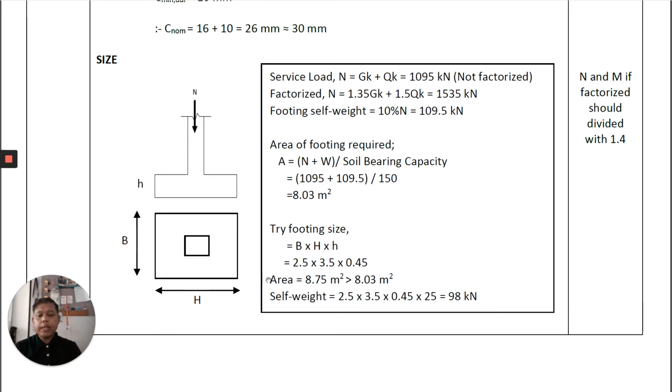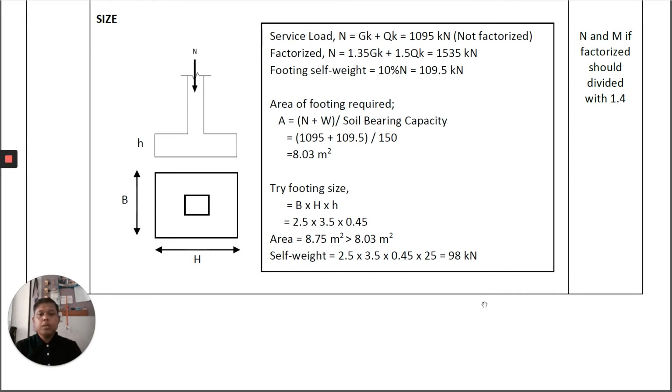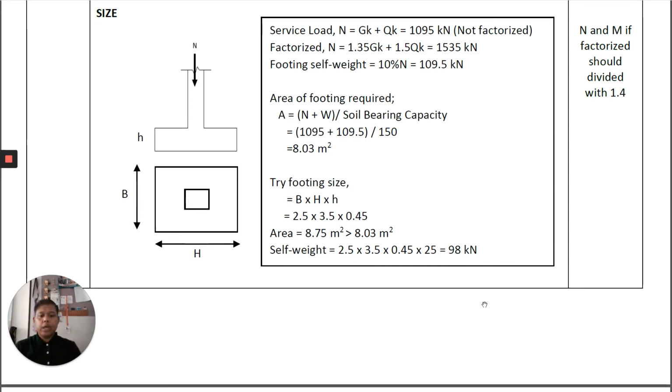Then you have to calculate the new self-weight by calculating 2.5, which is the width, times 3.5, times 0.45, which is the volume of your footing, times 25, which is the unit weight of your concrete, equal to 98 kilonewton. So it is okay for you to have a lesser assumption of the self-weight, because we already get the exact size of the footing. The early one is just an assumption.